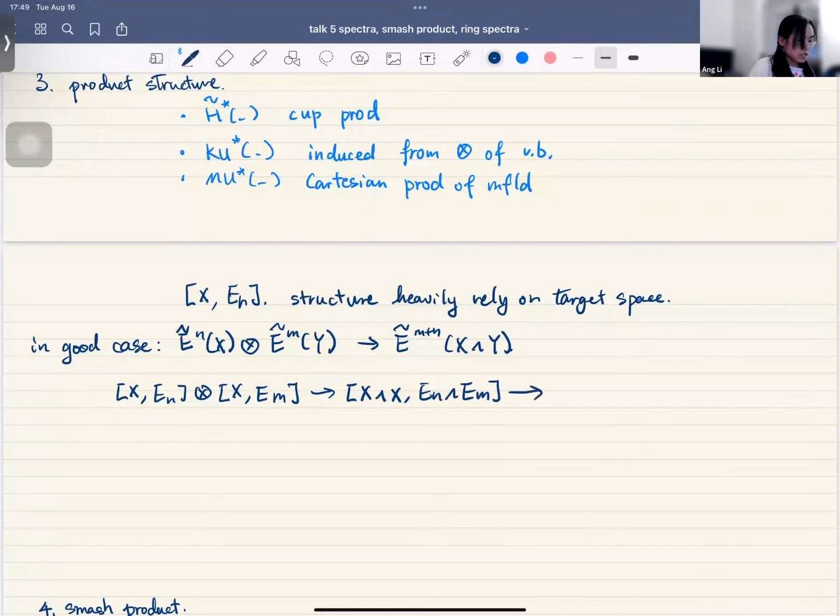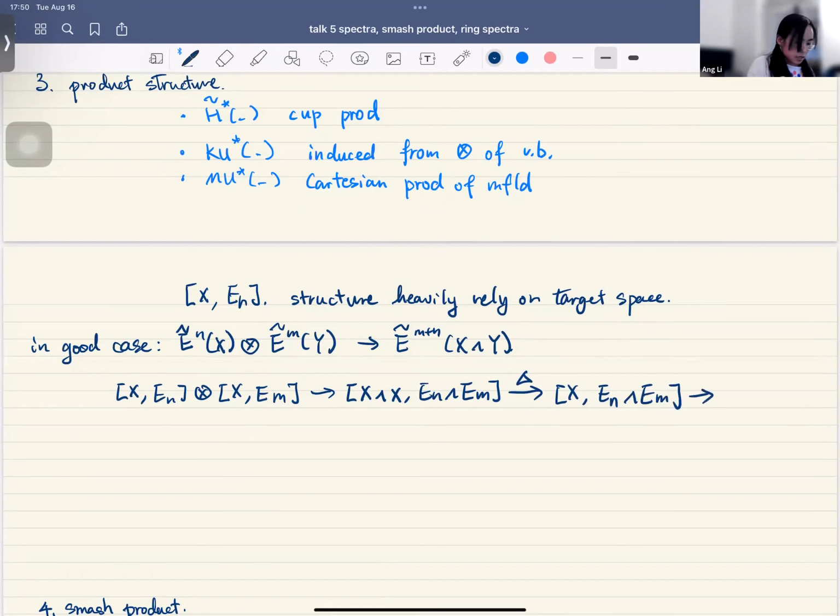For the first one, you can use something like the diagonal. For the second one using Y, you probably need some kind of duality argument, but we are not coming into that in this talk.